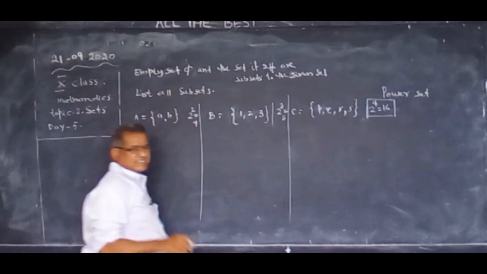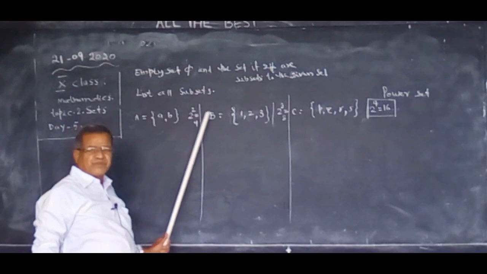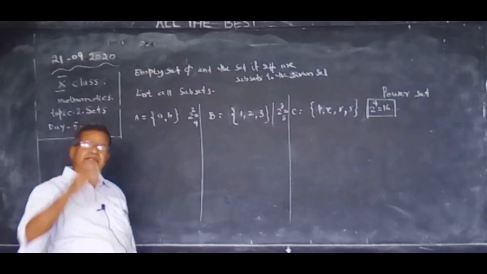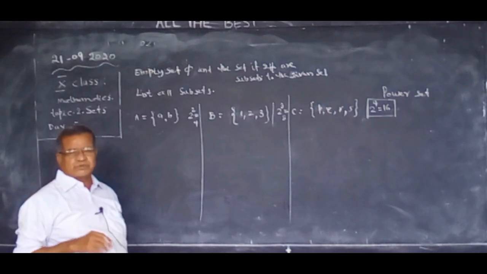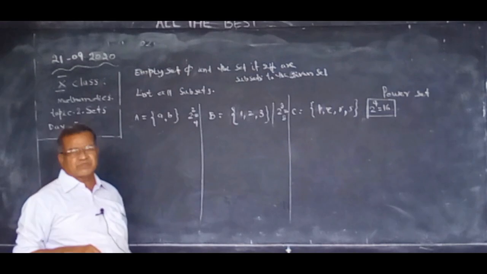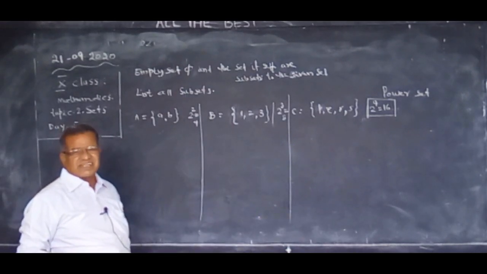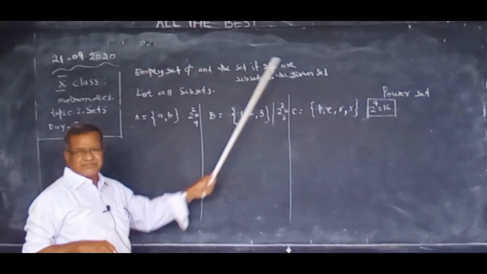Just like factors, 1 is a common factor of all numbers, and the number itself is also a factor. Suppose 6: 1 is a factor, and 6 is also a factor of 6. Like here, the empty set and the set itself.